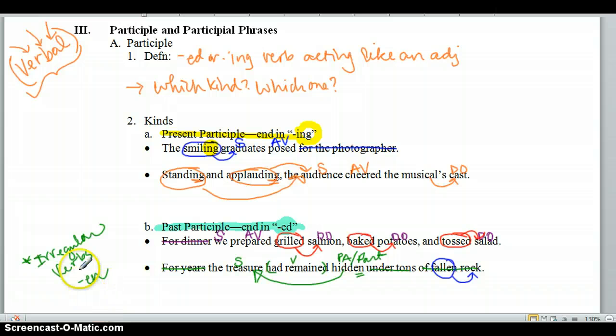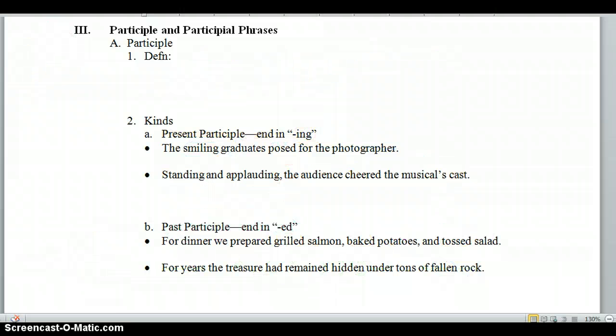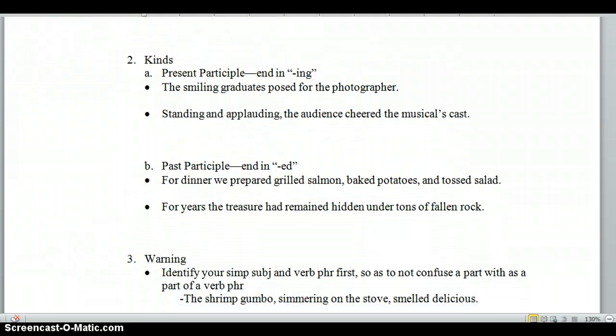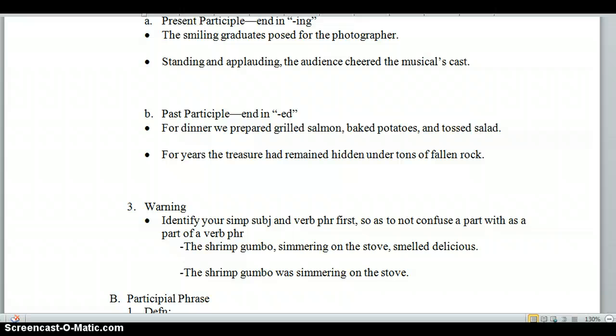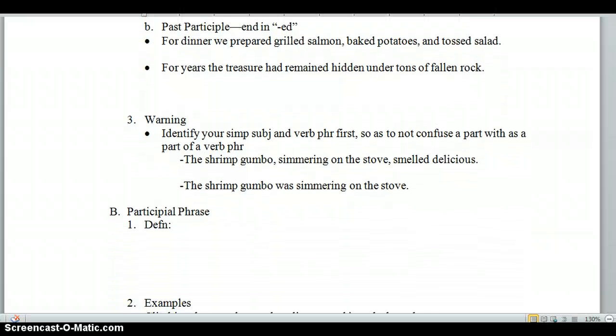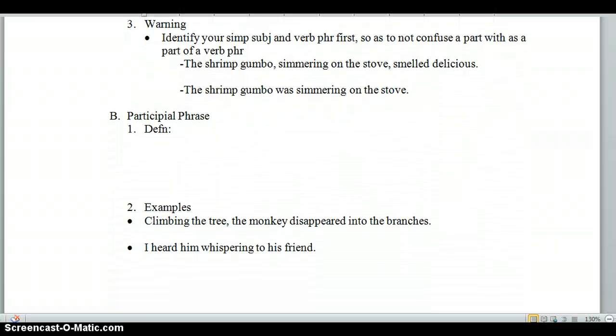They're not all en, some have other weird forms, but remember, the participle is the past tense form of the verb, which may or may not be ed. So just as a final kind of warning before we go on to participial phrases.